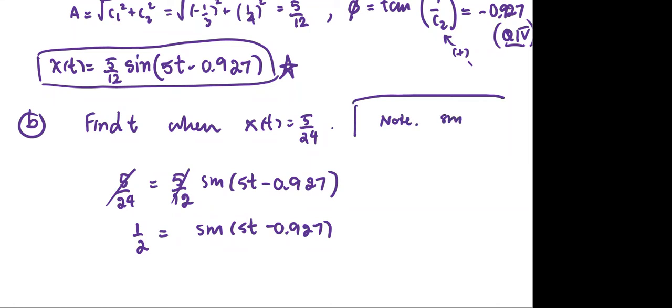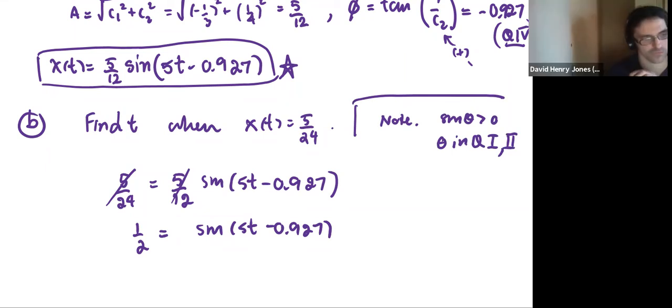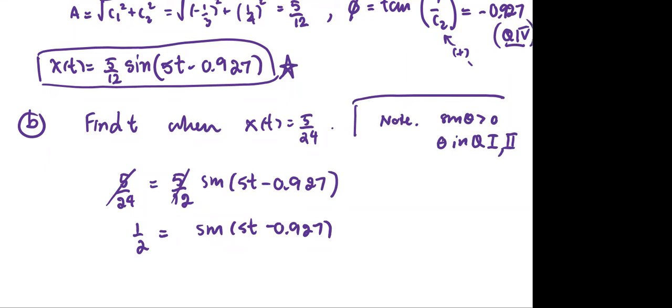Note the sine value is positive. The angle will be in what quadrant? Quadrant 1, definitely. And what else? Quadrant 2. 1 and 2. So you're going to have two sets of solutions. The first one from quadrant 1, the second one from quadrant 2.